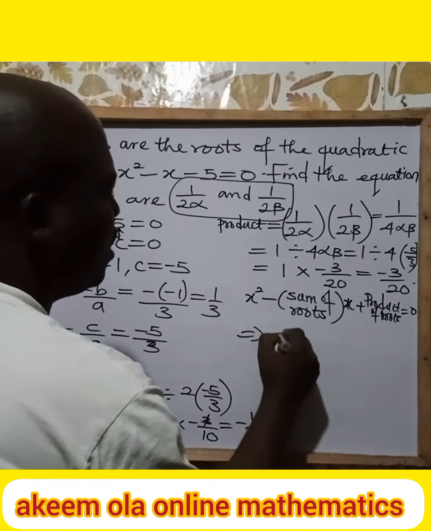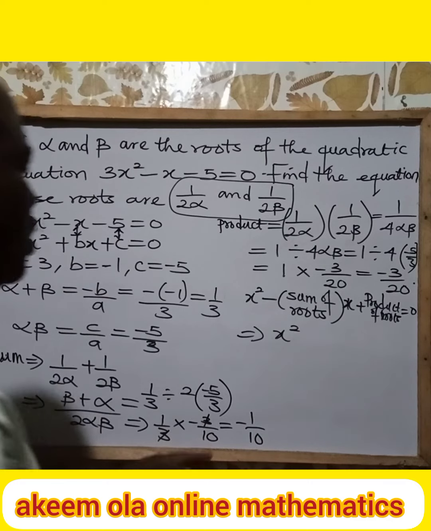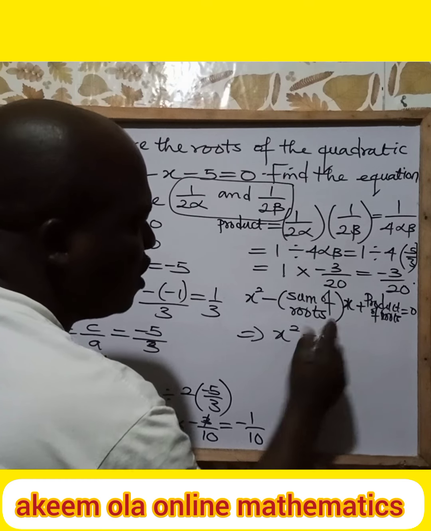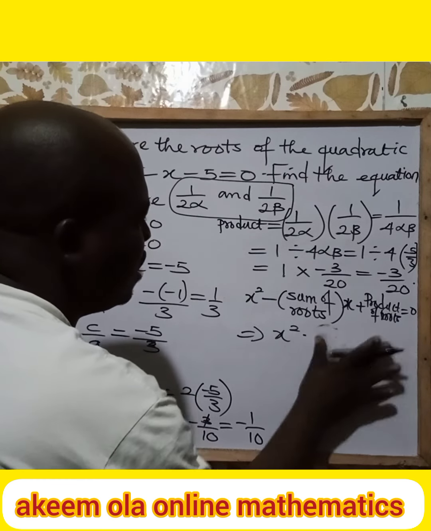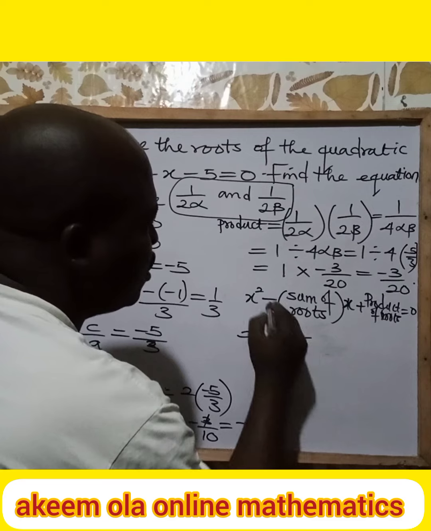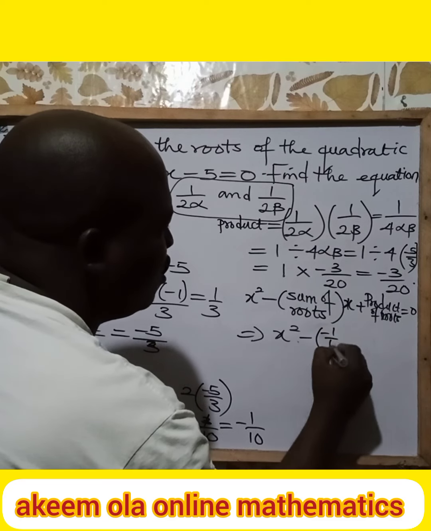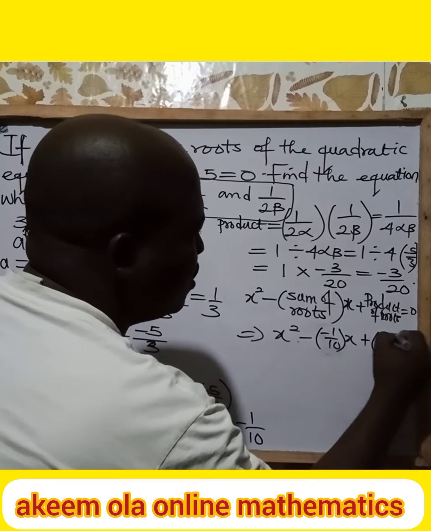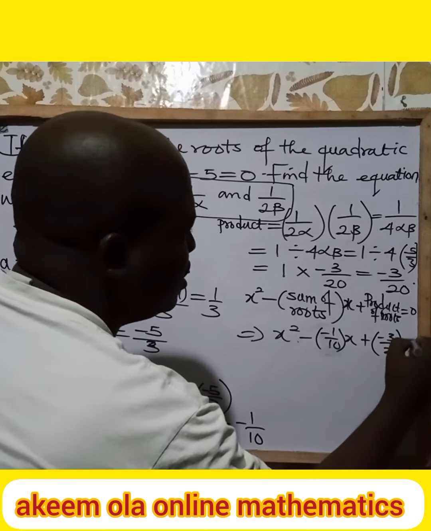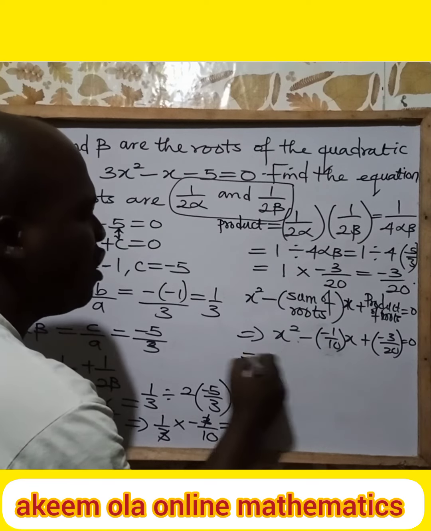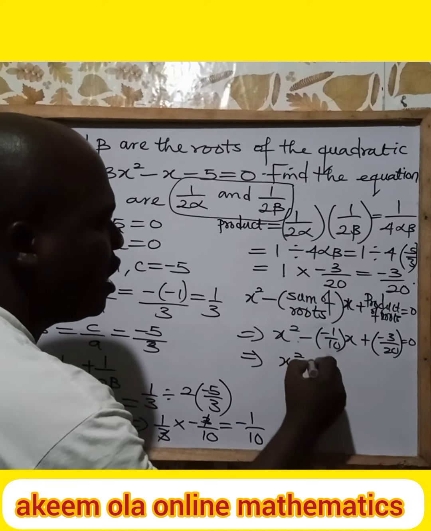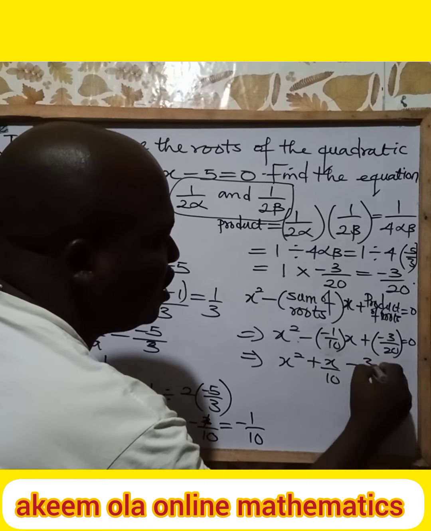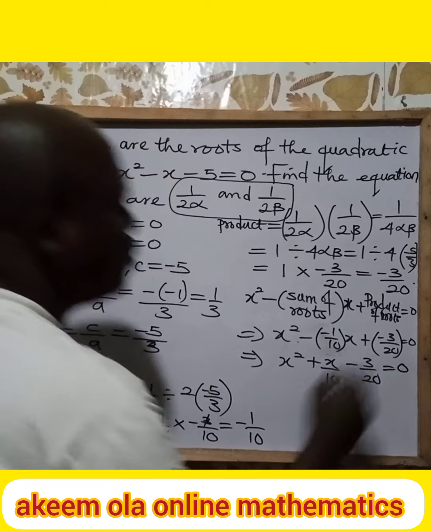That means we are now going to have x squared minus, what is our sum of roots? Our sum of roots is minus 1 all over 10. We have two minuses there: the first minus from the formula, and the one in minus 1 all over 10, x. Then plus the product, minus 3 all over 20, is equal to 0. So from here, we are going to have x squared plus x all over 10, then minus 3 all over 20 is equal to 0.